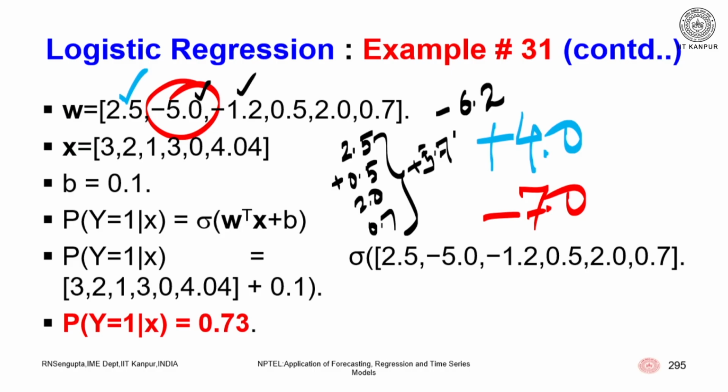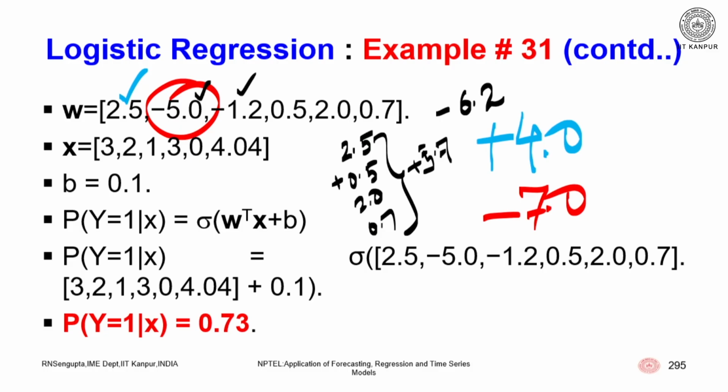So the weights are minus 6.2 and plus 5.7. Obviously, the weightages are more tilted towards the negative one. The x values found in the table are 3, 2, 1, 3, 0, and 4.04, which is basically ln of the number of words.